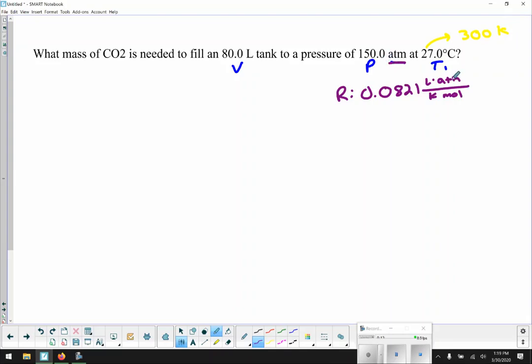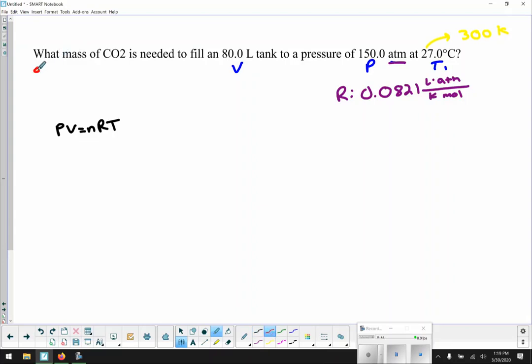Now, here's where this is kind of strange. If we look at our ideal gas law, PV equals nRT, there's no mass in there. That's not a thing that exists. You can't get mass from PV equals nRT, at least not directly. But you can get it indirectly because you guys know how to do molar conversions. You can convert grams to moles.